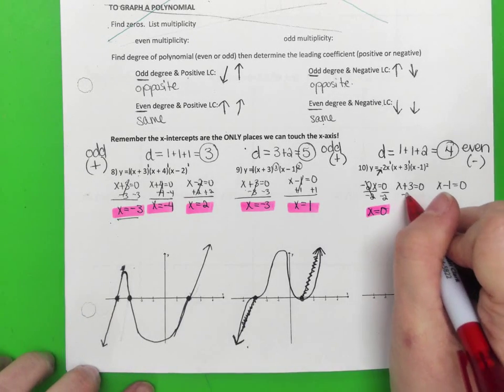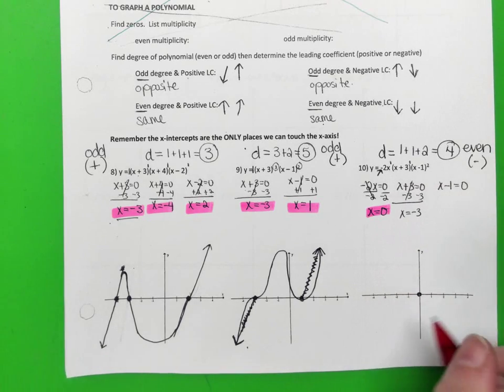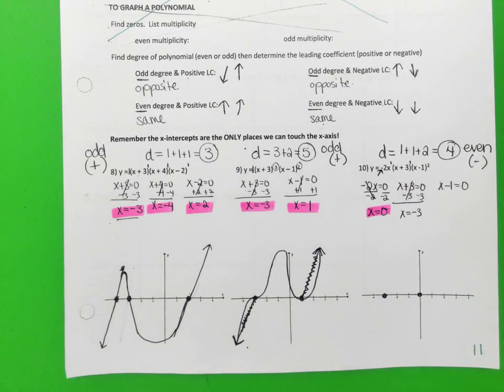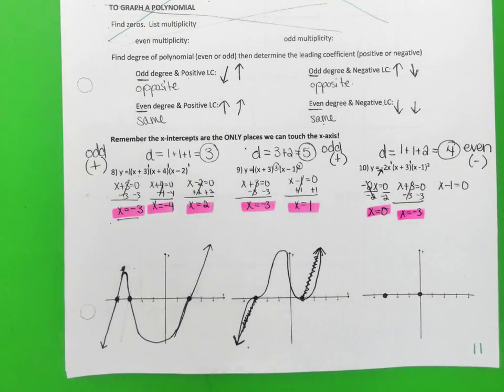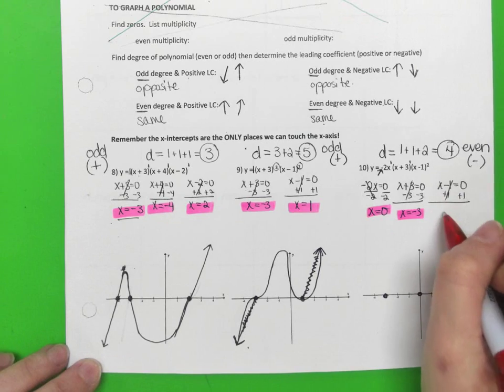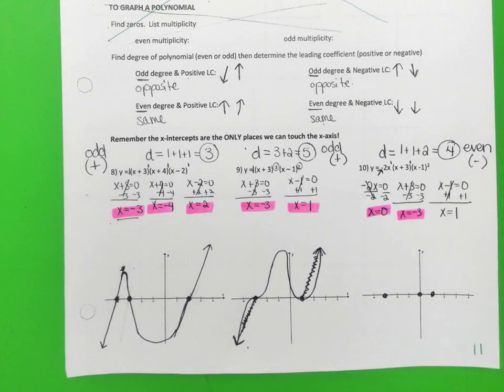Alright, then I'm going to subtract the 3. And I get negative 3. Let's plot that one on a graph. And then I'm going to add the 1. X equals 1. And plot that one on your graph.